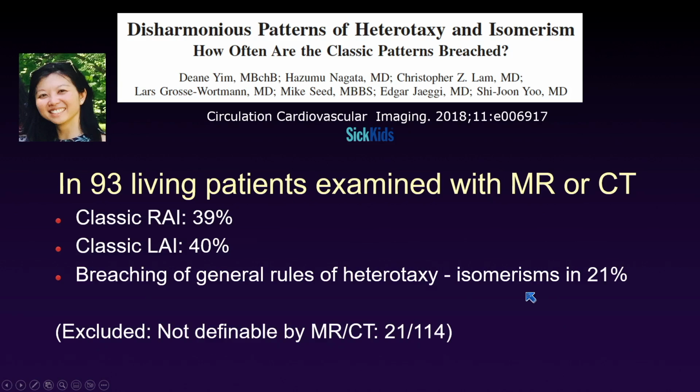So you can have situs solitus at abdominal level, but still isomerism at thoracic level. So it's not absolutely a rule that is true. It does not necessarily impact your management, but it is quite important. If you don't think that everything fits completely together, don't be surprised, that might be true.